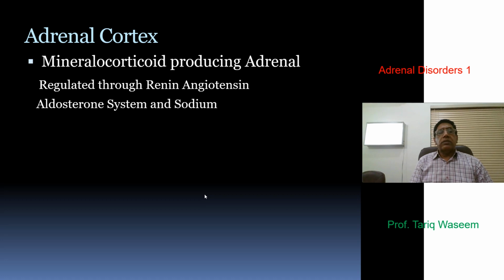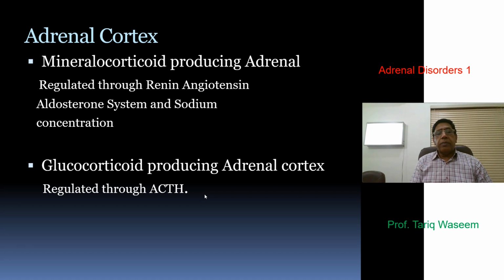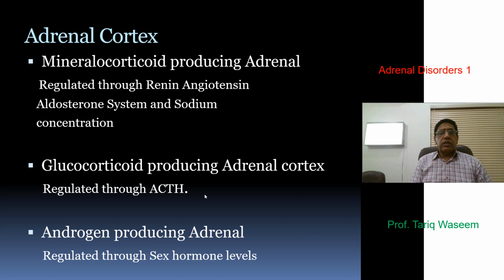There is a glucocorticoid producing adrenal cortex, which is regulated through adrenocorticotropic hormone, ACTH, secreted from the anterior pituitary. And then there is an androgen producing adrenal, which is regulated through sex hormone levels.